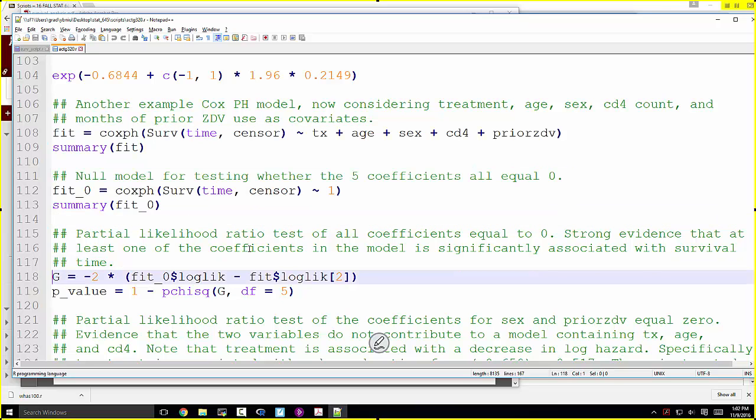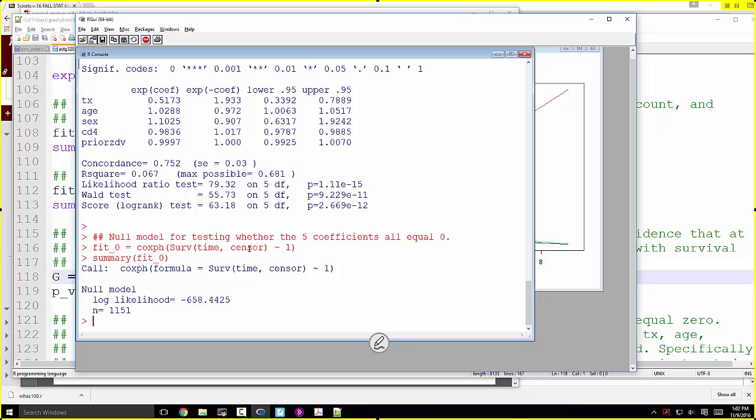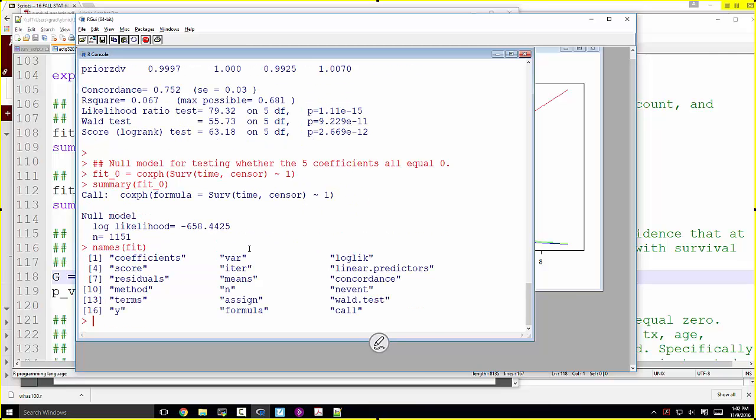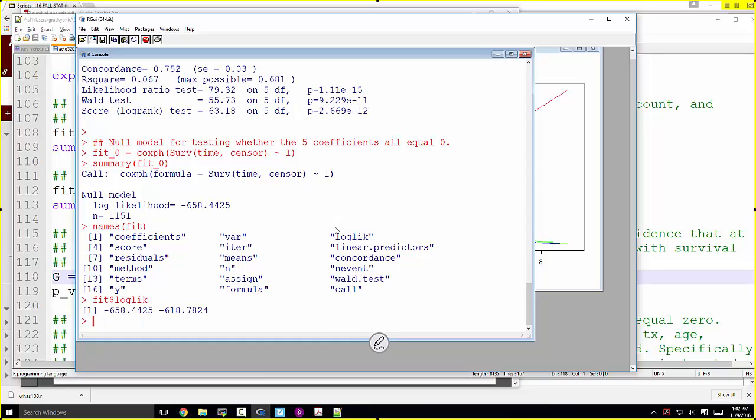So each of these fitted objects, like the ones named fit, have, among other things, a log likelihood element. So fit$loglik.